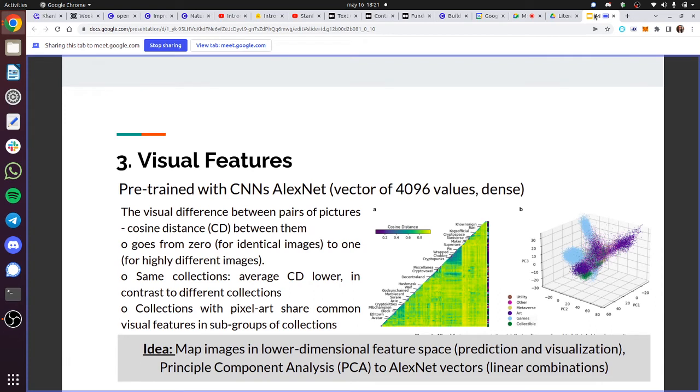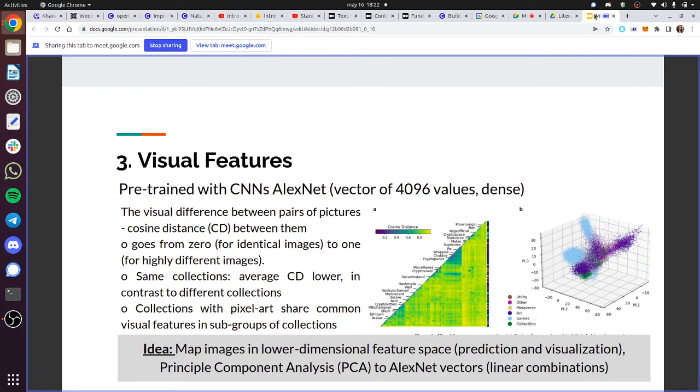And then they extract the visual features. They are different from cryptocurrencies, because NFTs have visual features. They pre-train the model with the convolutional network AlexNet and use the cosine distance to show the visual difference between the pairs of pictures.